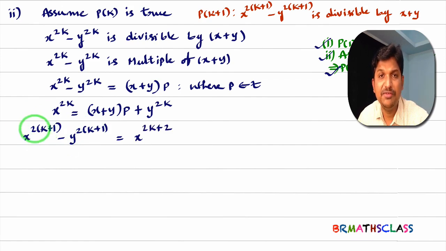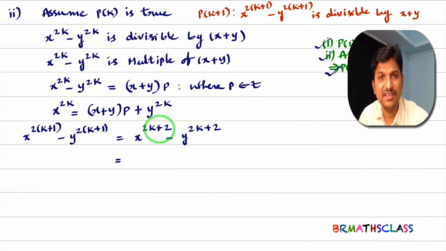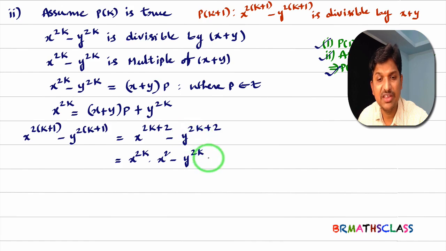You see here, multiply with 2: x power 2k plus 2 minus y power 2k plus 2. I just want to use x power 2k. So what I will do here, this is like a power m plus n. A power m plus n can be written as a power m into a power n. And you observe here, y power 2k plus 2 also can be written as y power 2k into y square.